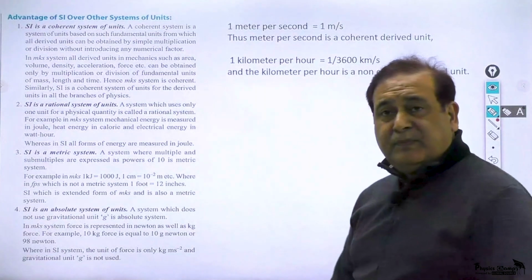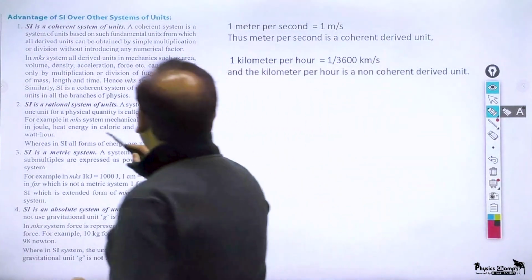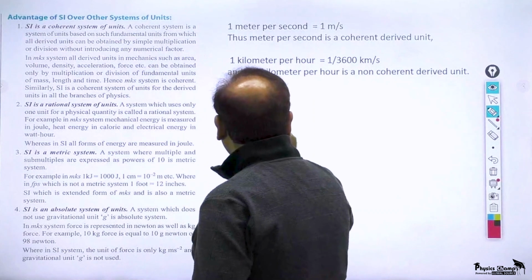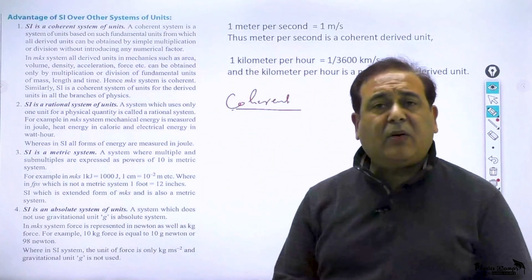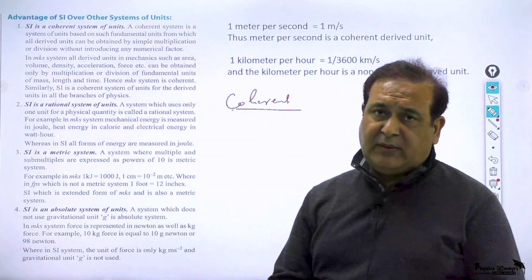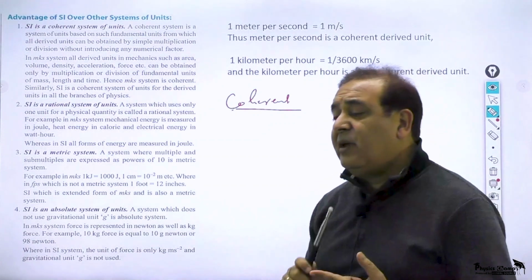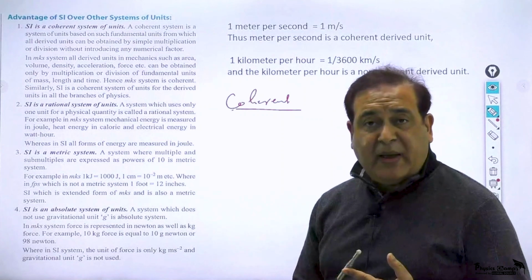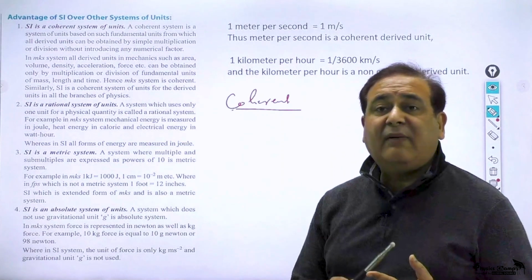Coming to other advantages, first, it's a coherent system of unit. What do we mean by a coherent system of unit? A coherent system is a system where all derived units can be obtained by simply multiplying and dividing fundamental units. No numerical values are to be added.